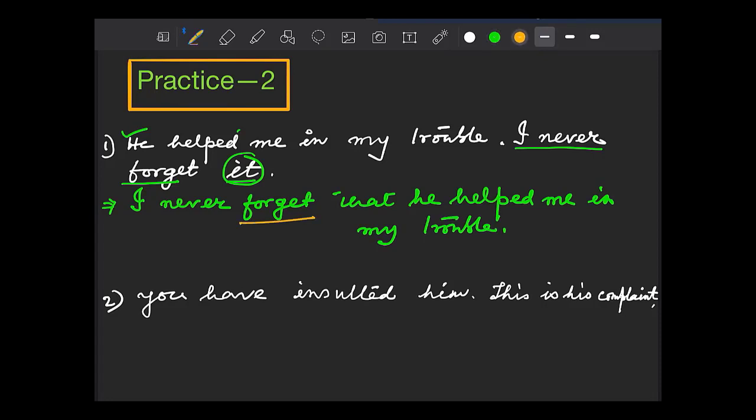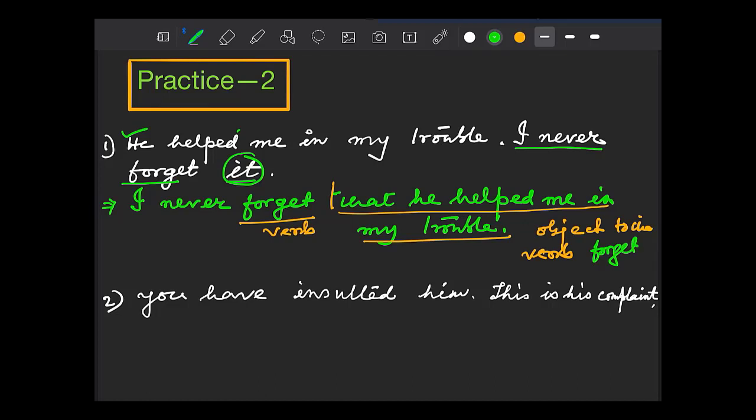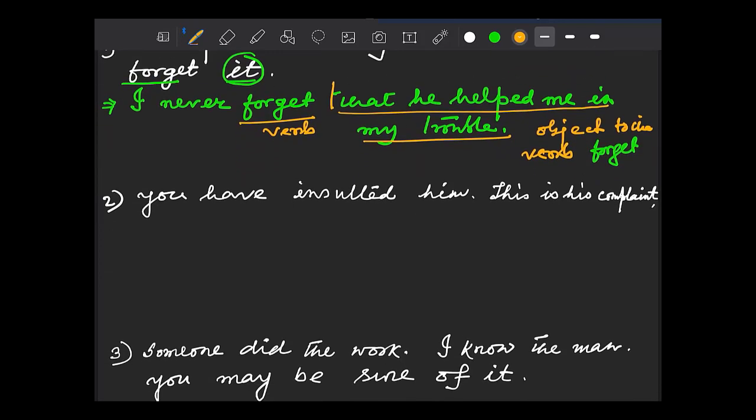So forget is the verb, and this part, that he helped me in my trouble, is the object to the verb forget. Okay, so I never forget that he helped me in my trouble.